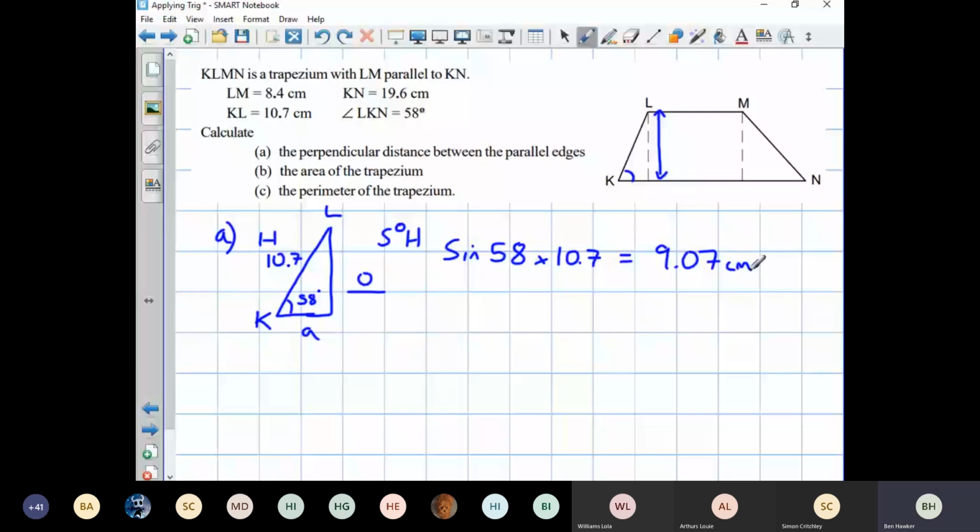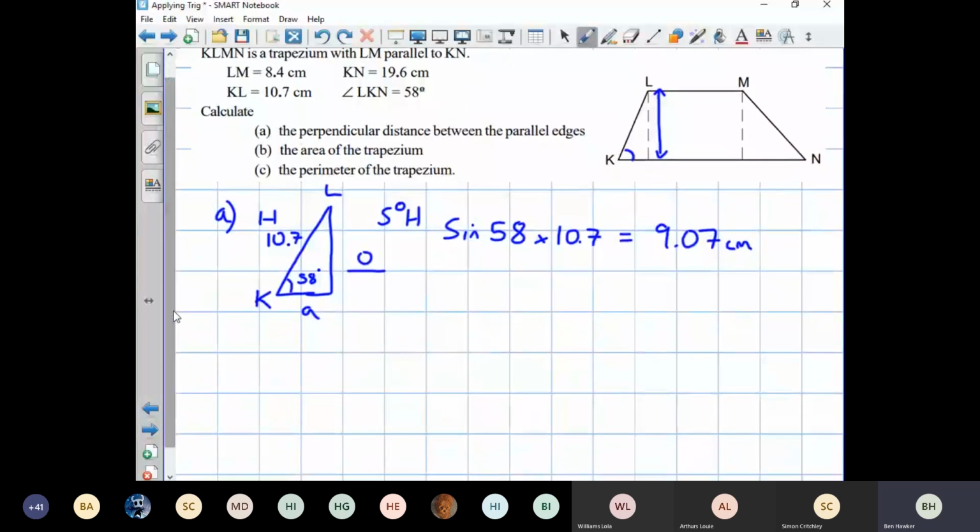Okay, for the second part, we're going to look at calculating the area of the trapezium, and we now have enough information in order to do this. So the area of the trapezium is the two parallel sides added together, which we have been told are 8.4 and 19.6, multiplied by the height, the perpendicular height, which we worked out to be 9.07.